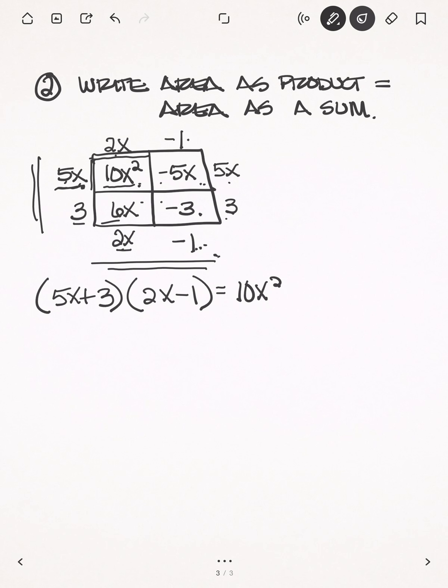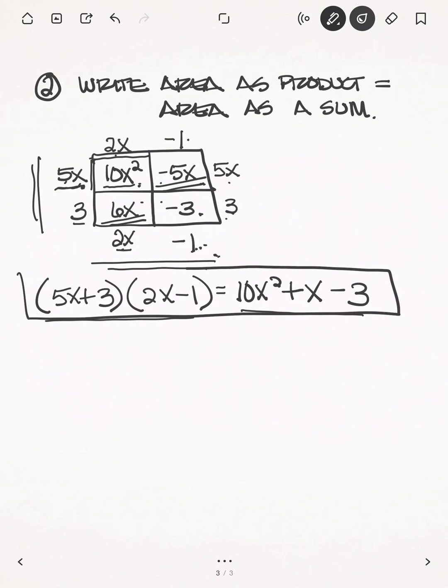And you'll notice that 6x and negative 5x are like terms, so we can go ahead and add those together. 6x and minus 5x would be plus 1x, or just x. And then the only other thing I haven't put in there yet is my negative 3. So now you can see that I have the area as a product equal to the area as a sum. And that is what they asked for, so I'm finished.